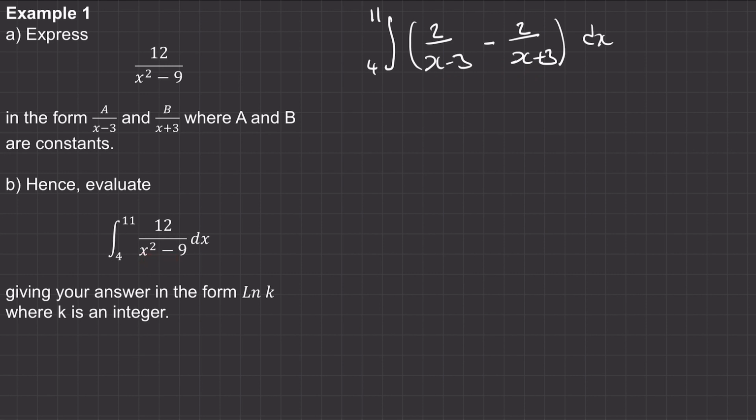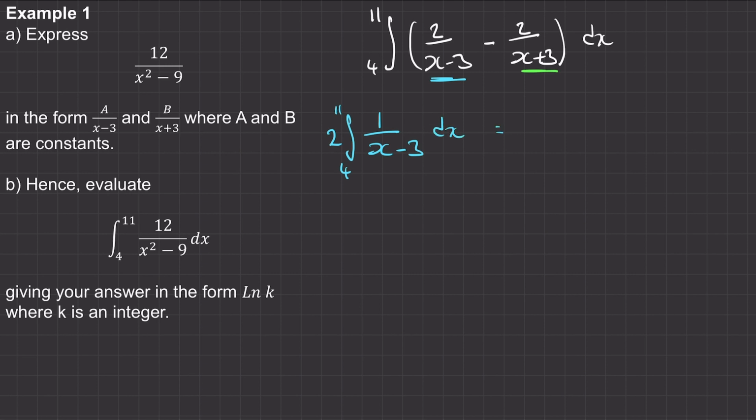So now I'm going to break this up. We'll do this in blue and we'll do this in green. So we have the integral between 4 and 11 of 2, but I can move this 2 in front of our integral sign because it's a constant. So 2, and the integral of 1 over x minus 3 with respect to x.